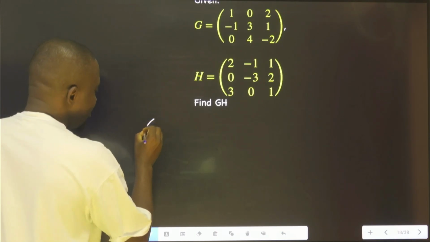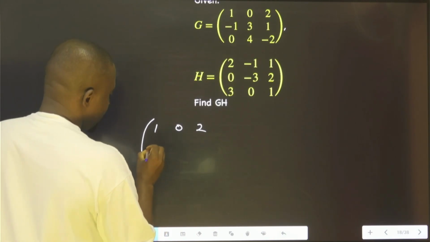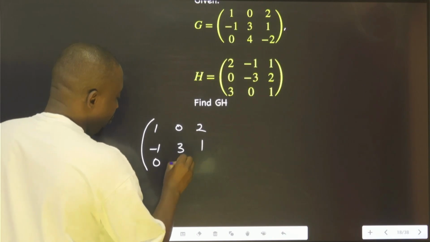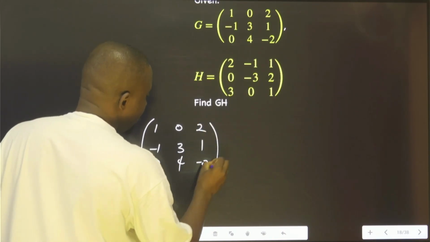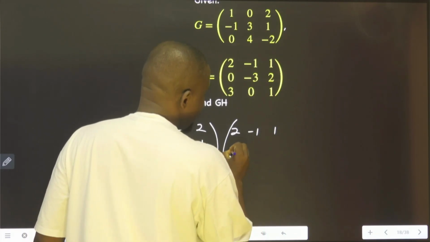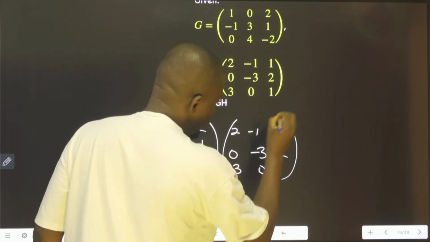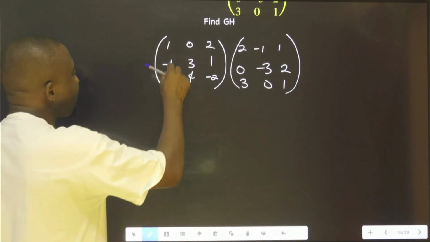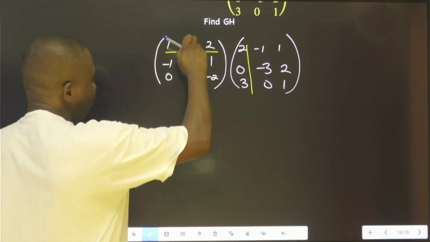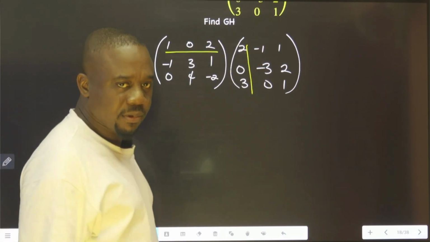G, the first one, 1, 0, 2, minus 1, 3, 1, 0, 4, minus 2, multiplied by 2, minus 1, 1, 0, minus 3, 2, 3, 0, 1. All we have to do is, first of all, this row multiplied by this column. Then we add them together.